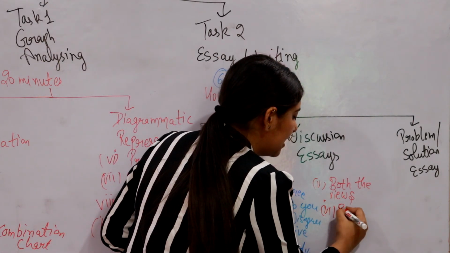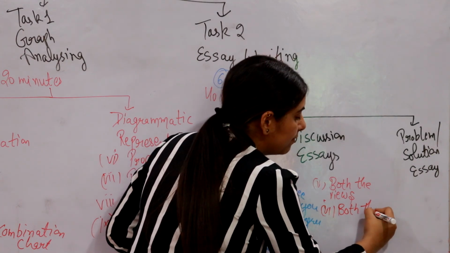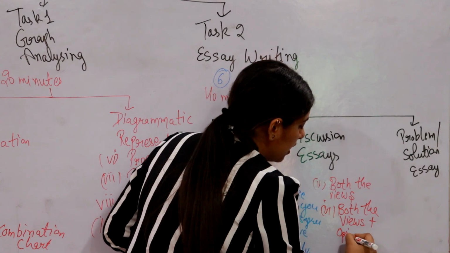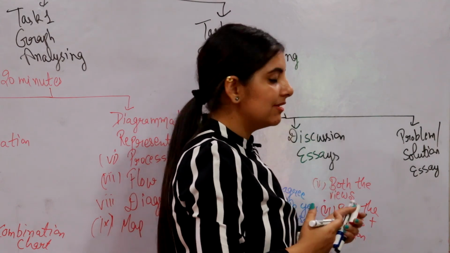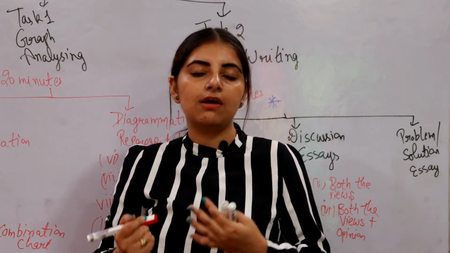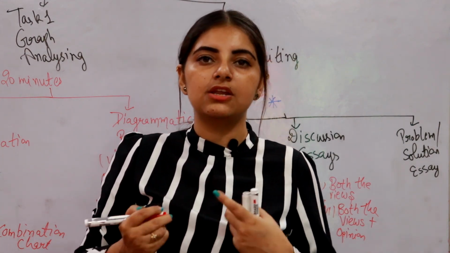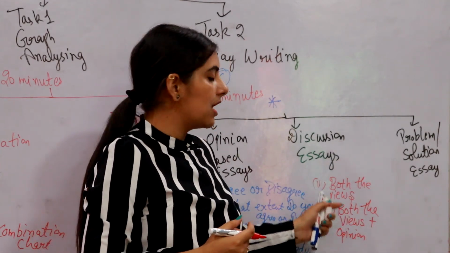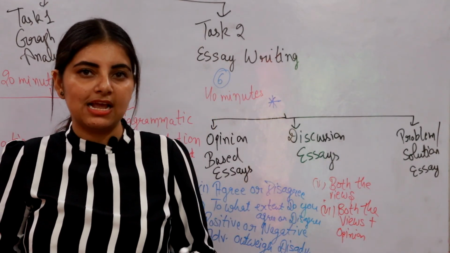And the sixth type under this is discuss both the views and present your opinion. In this type of essay, along with discussing both the views, you also have to present your own opinion. So these are the two types of essays which come under the category of discussion essays.